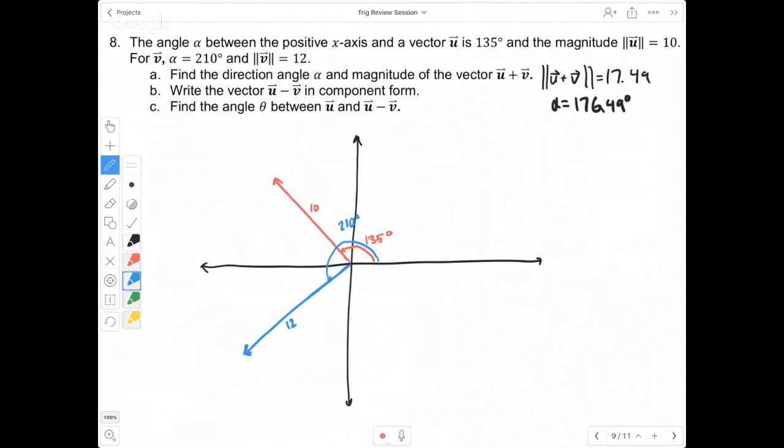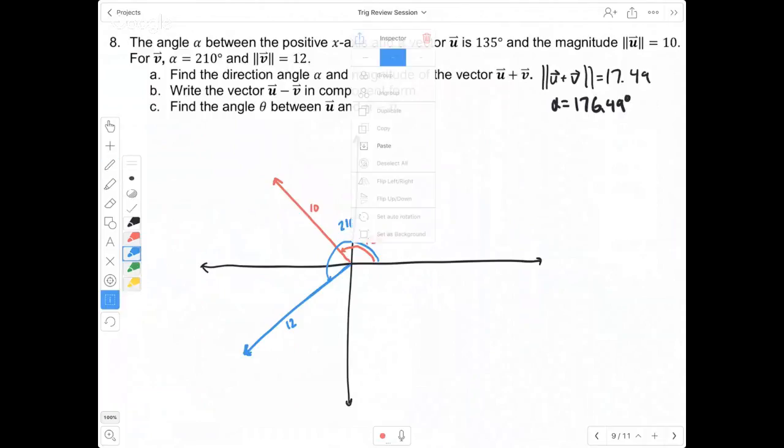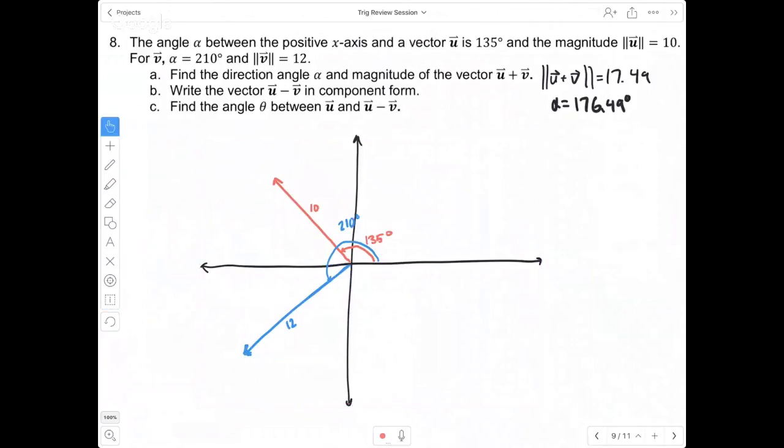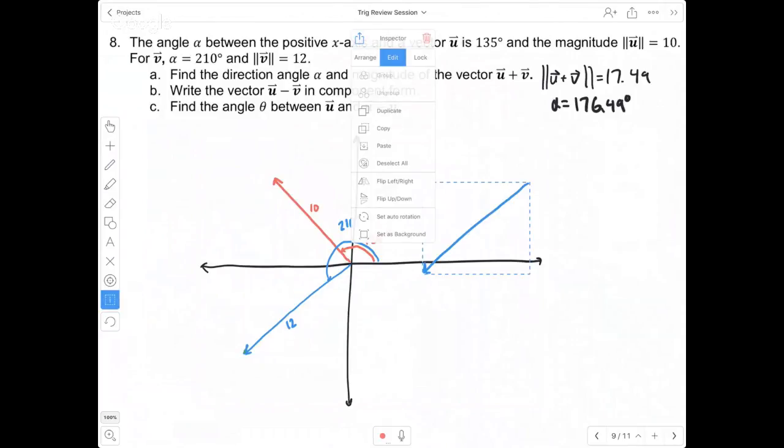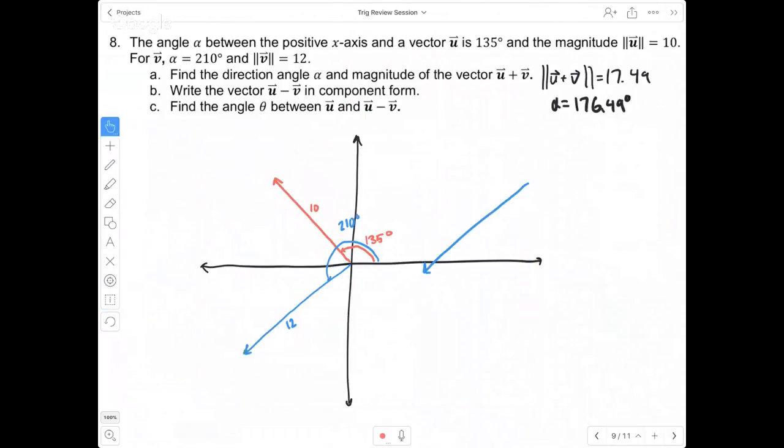And pull them apart. So minus v goes exactly the opposite way. So forward u, minus v. So forward u minus v would look like that. And there's the vector that goes forward u and backwards v.